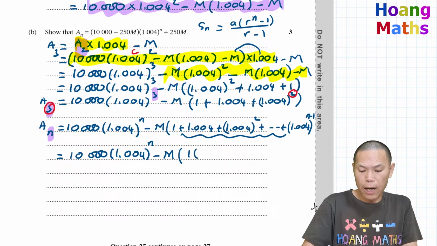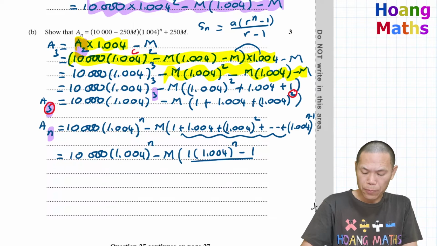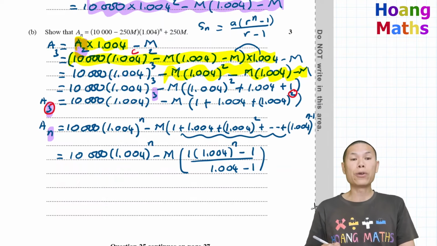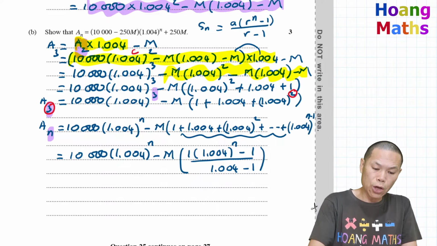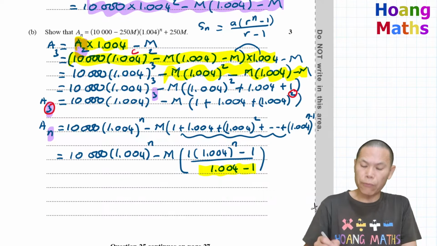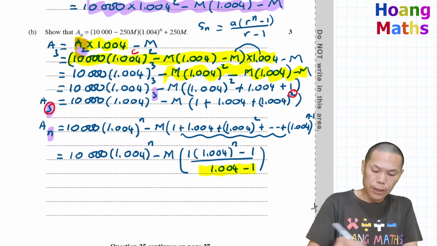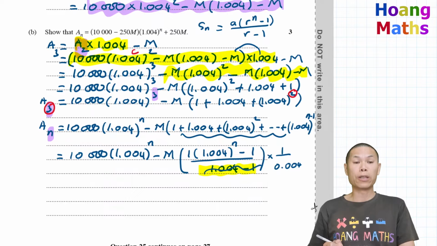And then bracket, r is 1.004 power of n minus 1 over 1.004 minus 1. So let me just bracket this properly. So there you go. So what I do now is I just simplify this. So we can just go 1.004 minus 1 is 0.004. So therefore, this is exactly the same as times by 1 over 0.004. If you think about it, okay?